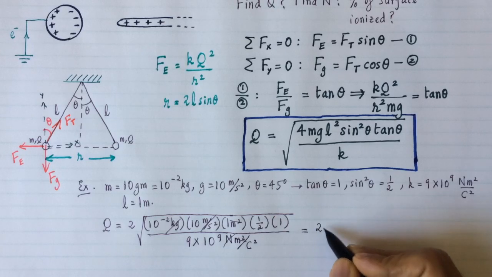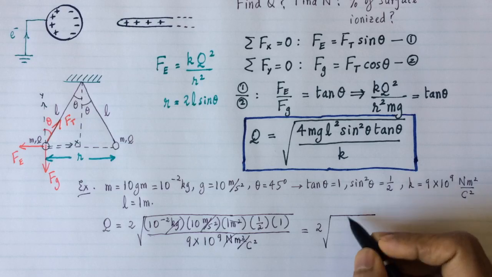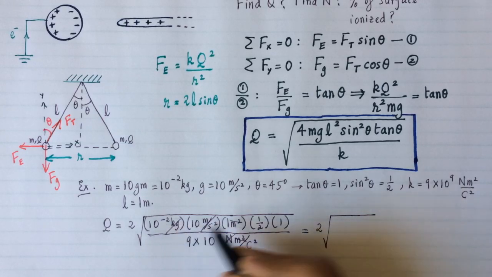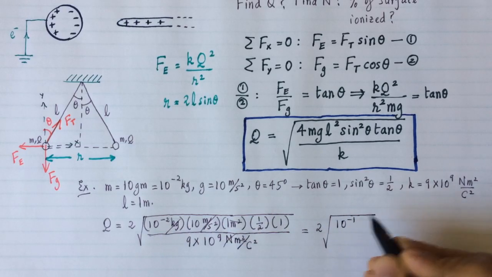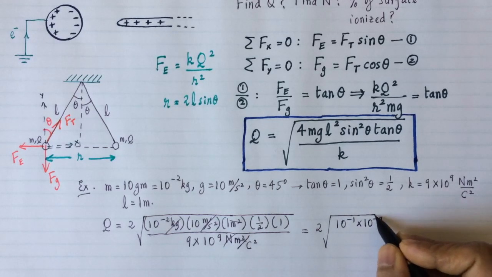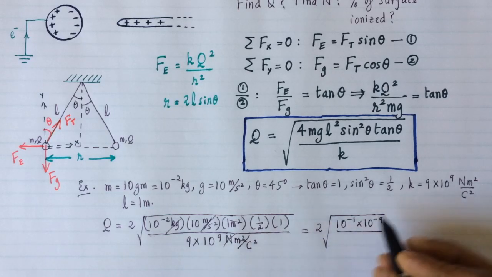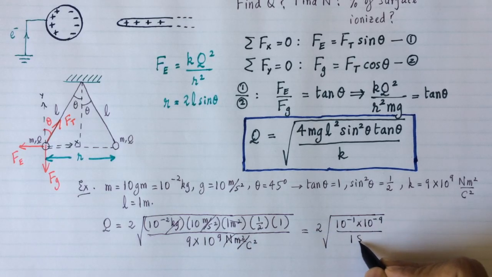So that gives me 2 times the square root of, that's 10 to the minus 1. 10 to the 9 comes upstairs and becomes 10 to the minus 9. And here I have 9 times 2, which is 18.